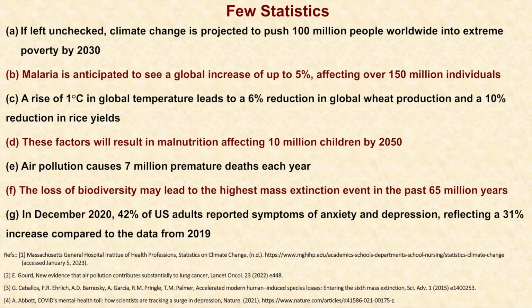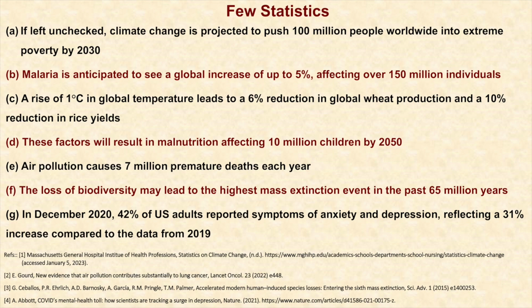Let me look at a few statistics, all taken from good references, from top journals or top reports. Number one, if left unchecked, climate change is projected to push 100 million people worldwide into extreme poverty by 2030.